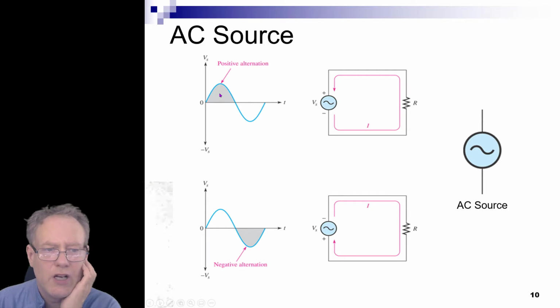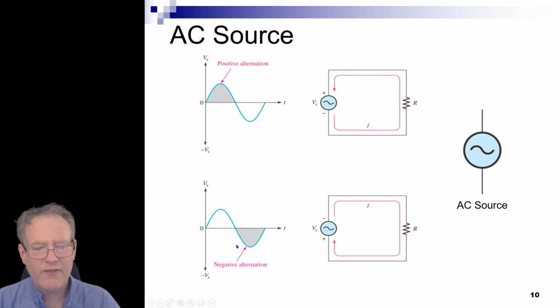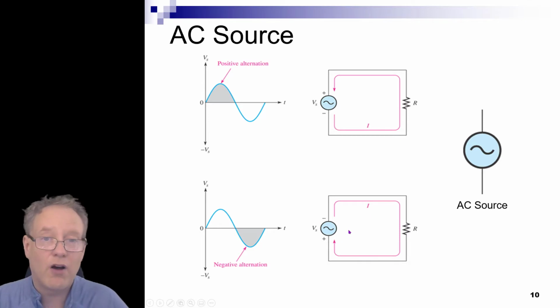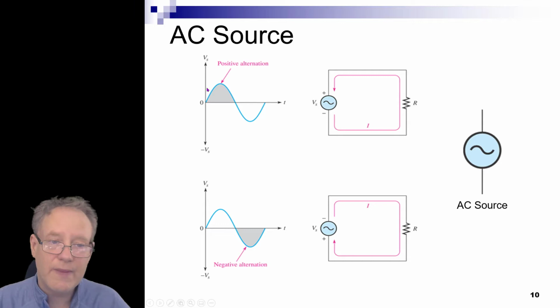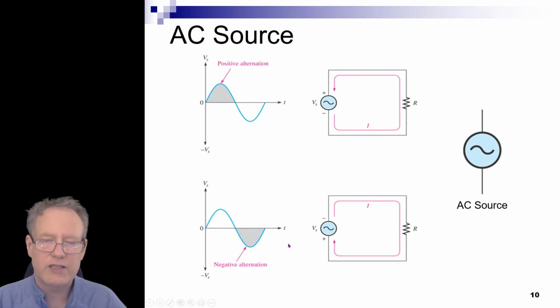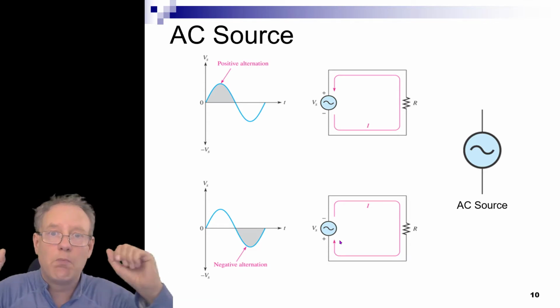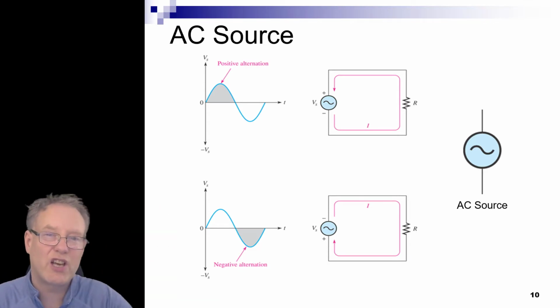Okay, let's continue. So we've got this positive half and this negative half, and we know that the current goes this way or this way. Now, obviously, these slides are from the textbook. What's going on is that in this positive direction, we see current traveling out of the negative and going to the positive, and vice versa. And that's okay. It's electron theory. We can wrap our heads around both of them. In this case, we're just discussing electron theory.